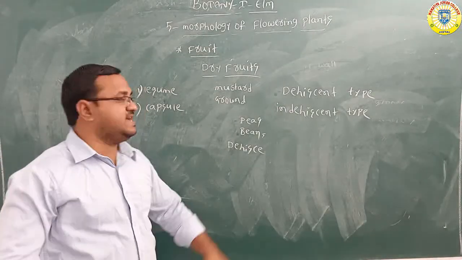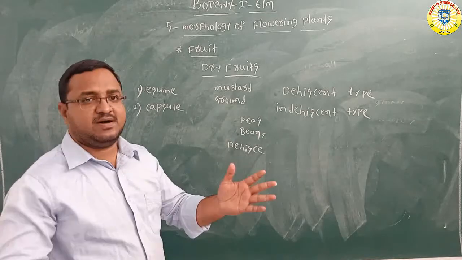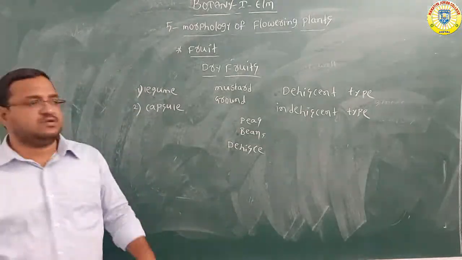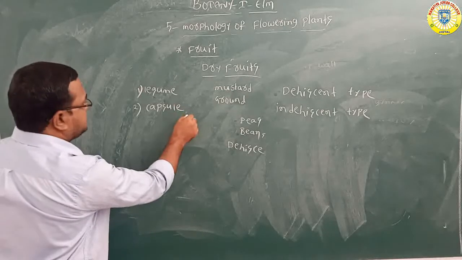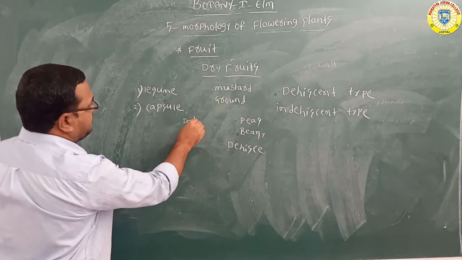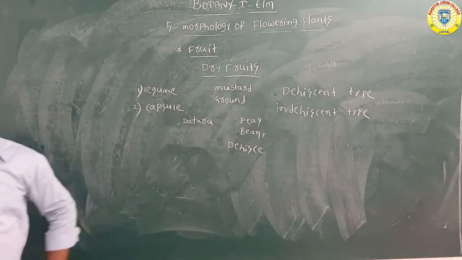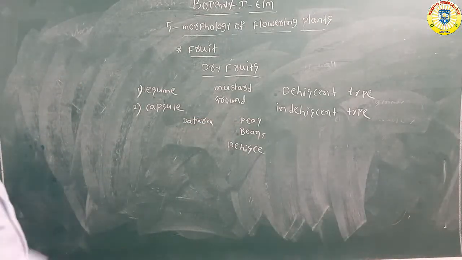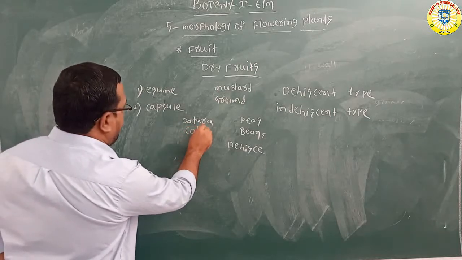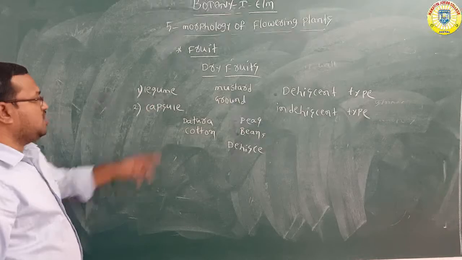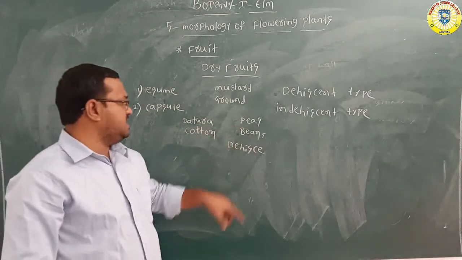Best examples of capsule are datura and also cotton. Legume examples are peas and beans.